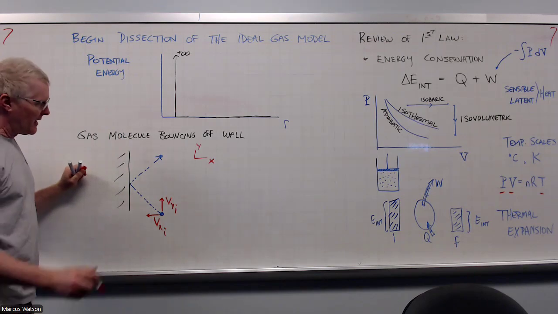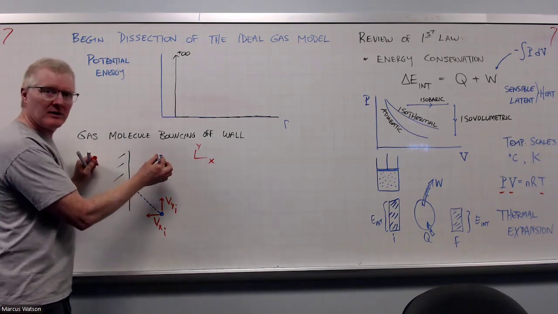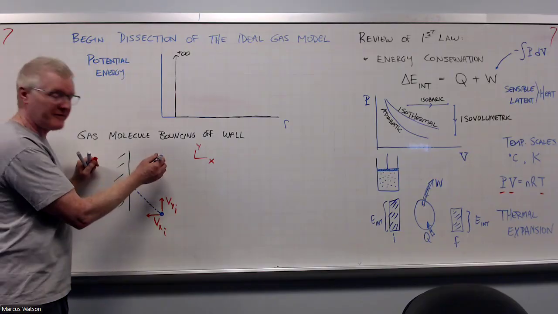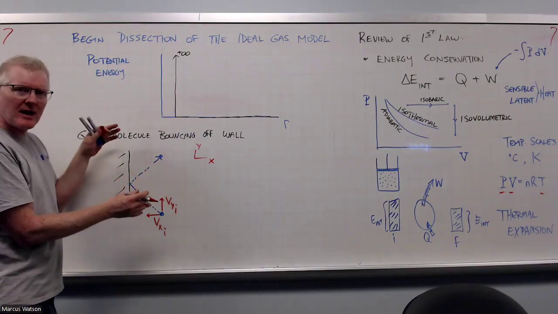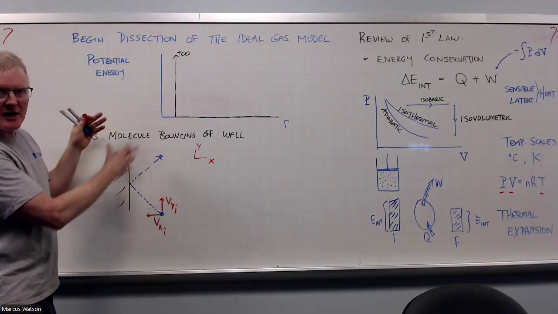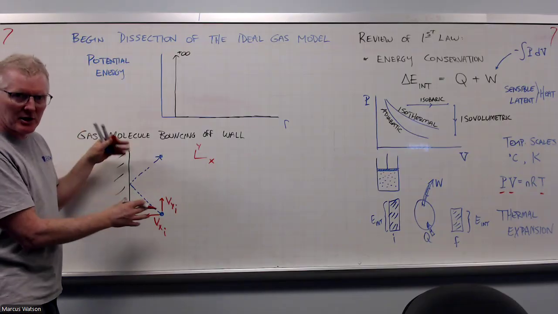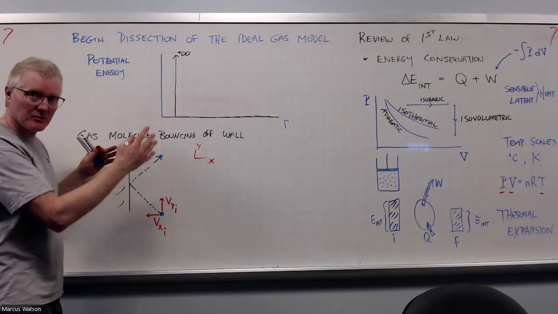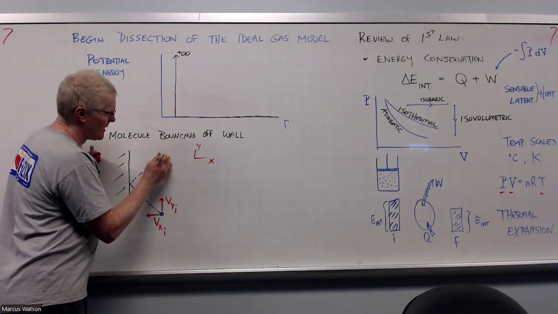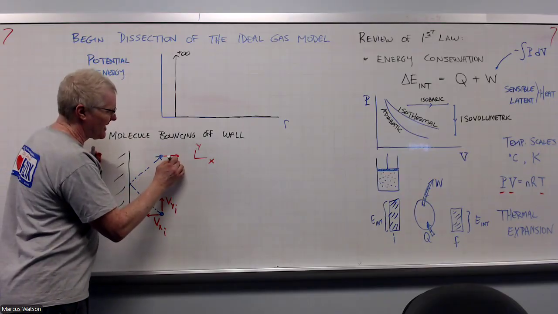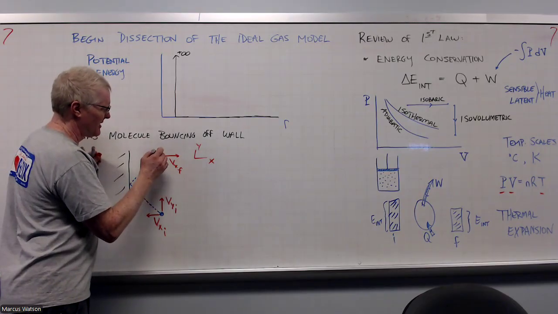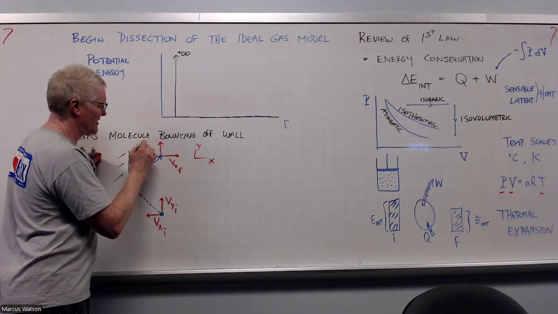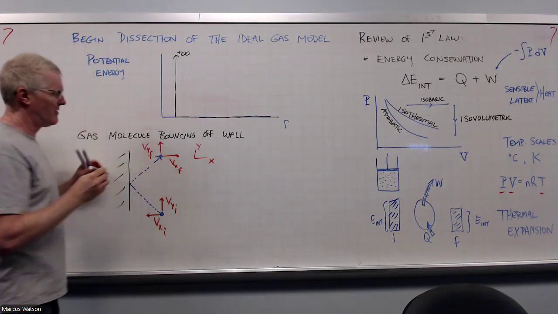After the hit, in the final state over here, and you can imagine this is fairly close to the collision, I've got a Vx final here and a Vy final here, like so.